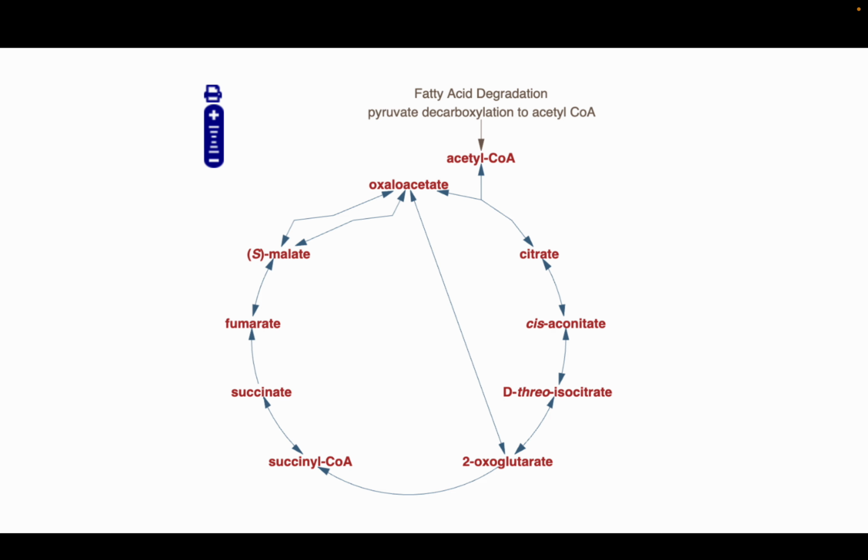So remember the TCA cycle. From acetyl-CoA, there are several conversion steps: from citrate to isocitrate to oxoglutarate to succinate to fumarate, and then eventually to oxaloacetate.